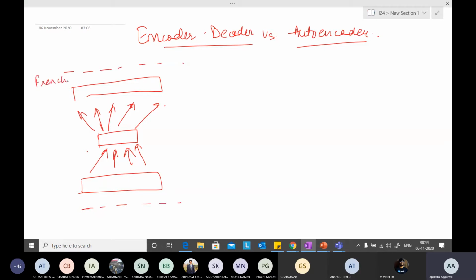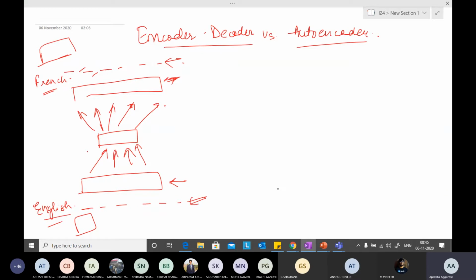So the word space consists of the alphabets from English language, and it consists of alphabets from French language. So the space is different in encoder and decoder. Secondly, what is different is this input is different than this output.